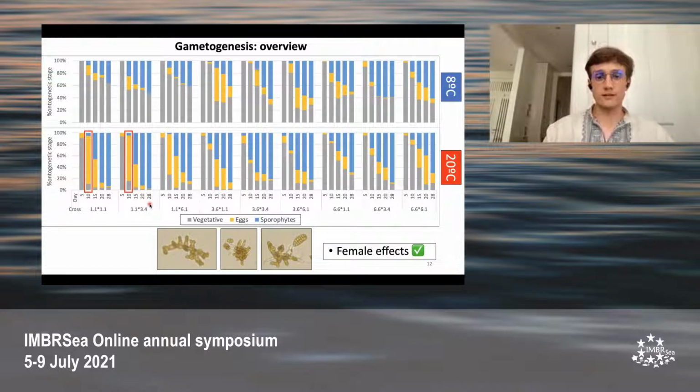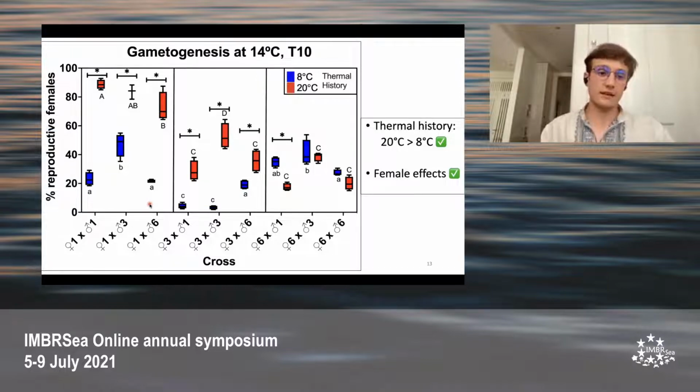So here we have the results on day 10, with on the y-axis the percentage of reproductive females, so having at least released an egg or formed a sporophyte. And what we can see is that for the first 2 females, in the panels on the left and in the middle, every single cross shows a statistical difference, with the females from the 20 Celsius thermal history being more reproductive than the ones from the 8 Celsius thermal history.